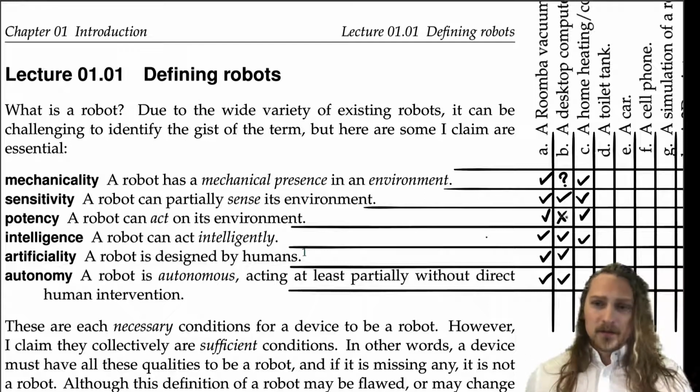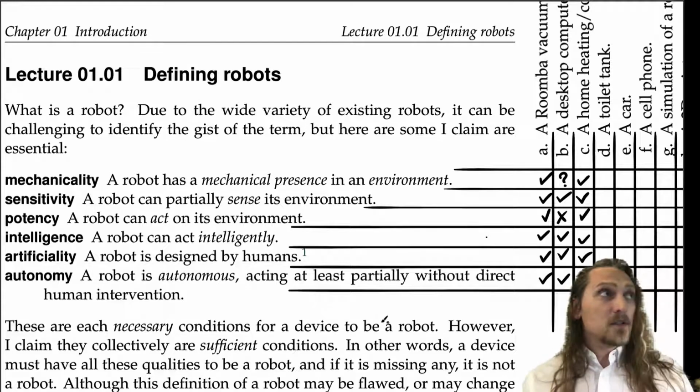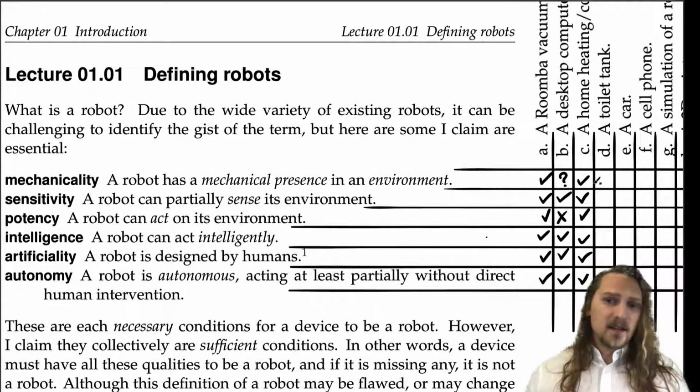Artificiality, it's certainly designed by humans. And autonomous. So yeah, it doesn't need a human to say, oh, it's too hot in here, turn on the heat. A human can set it up and then allow it to act autonomously. So it pretty much passed.